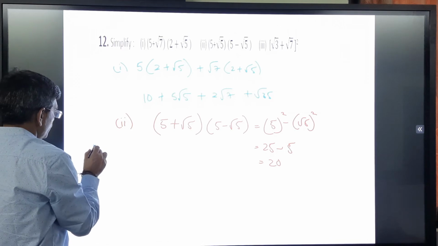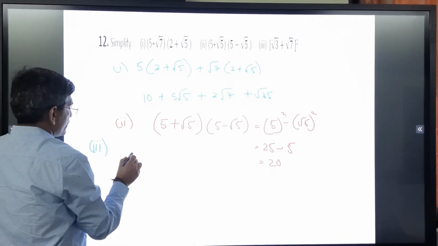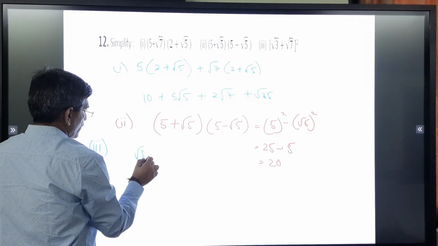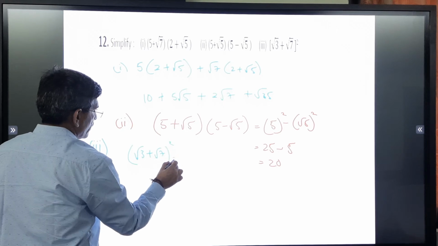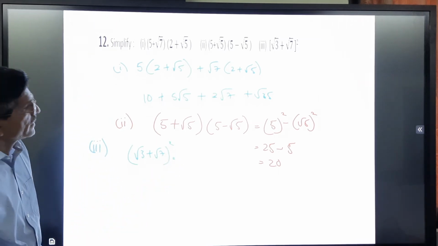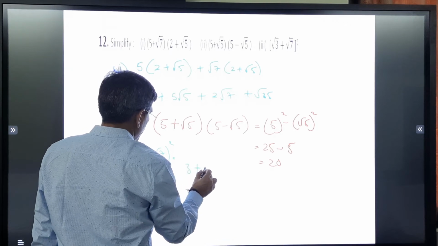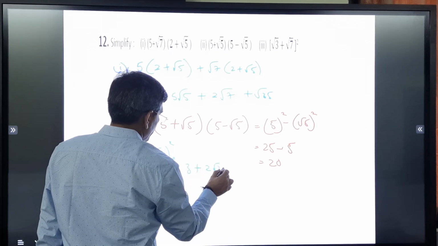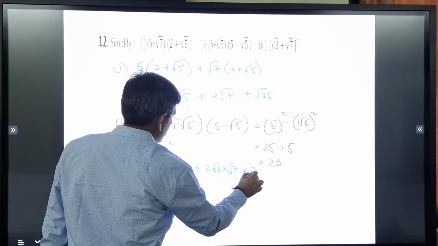Third sum, that is root 3 plus root 7 whole square. When perfect square is there, if I open it, then 3 plus 2 into root 3 into root 7 plus 7.